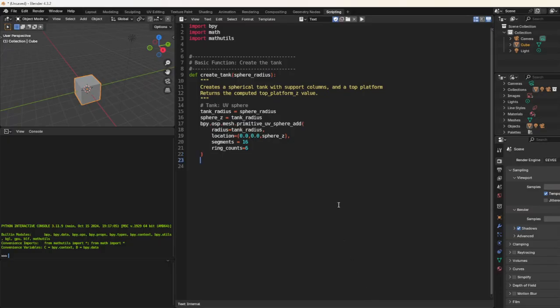Next, we have sphere. The obj is bpy.context.active_object, and we're going to give it a name.